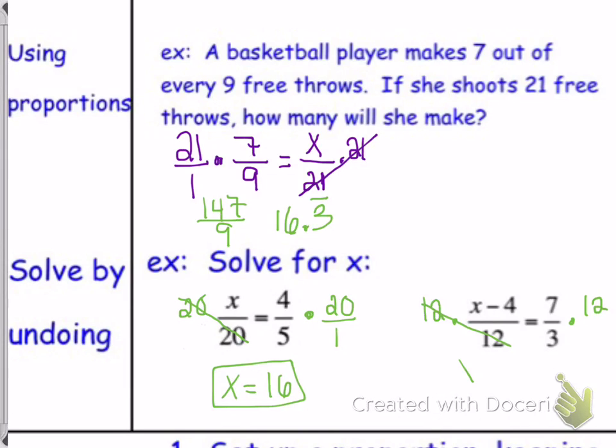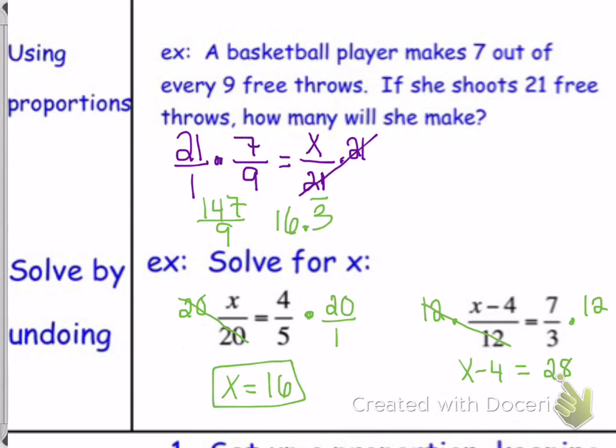So what I'm left with on the left side is that x minus 4, and that equals 7 times 12, which is 84, but then we're going to go ahead and divide that by 3, and I get 28. So to get the answer on the right side, I took 7 times 12, and then I divided it by 3.